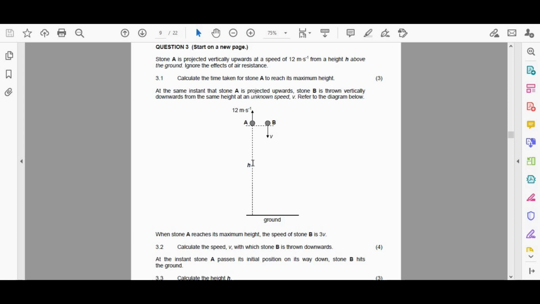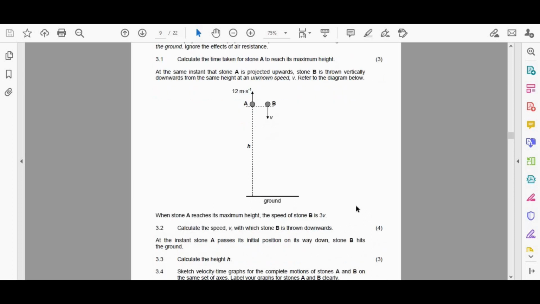3.2 is calculate the speed v with which stone B is thrown downwards. Though we see 3v here, we're just trying to calculate v, which is the initial velocity with which stone B was thrown downwards. For the next question, at the instant stone A passes its initial position on its way down, stone B hits the ground.